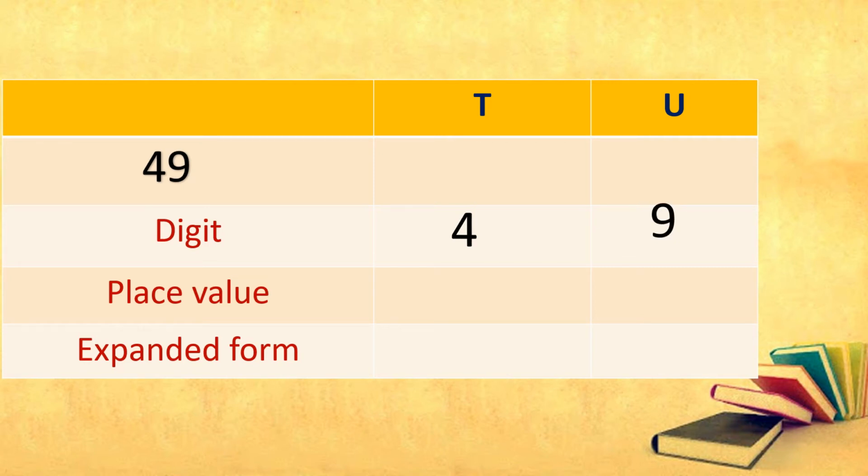Now let us find out the place value of each digit. The place value of digit 4 is 40 and the place value of 9 is 9. So, the expanded form can be written as 49 equals 40 plus 9.